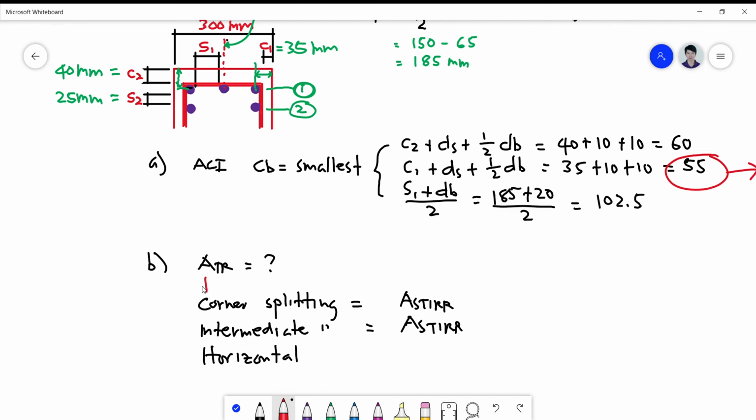Okay, so if you have a horizontal splitting, your area of the stirrup is counted on the number of legs crossing the stirrup, or crossing, sorry, the splitting cracks.